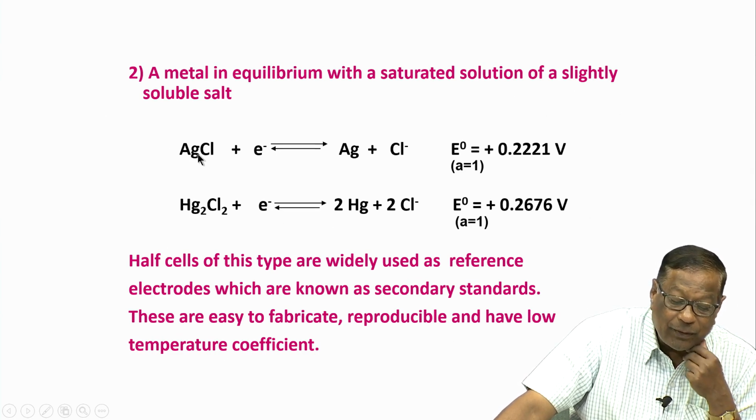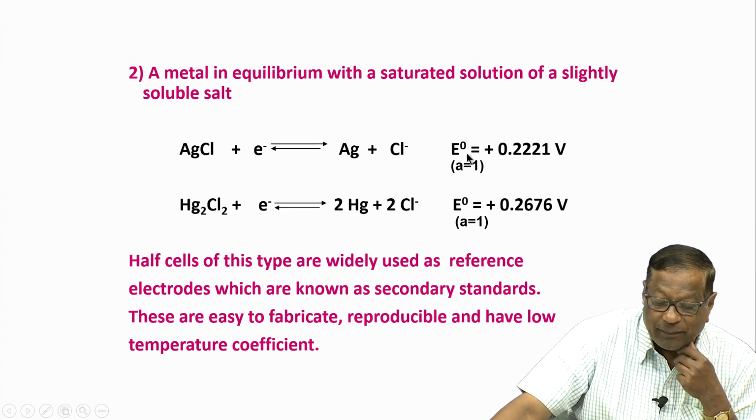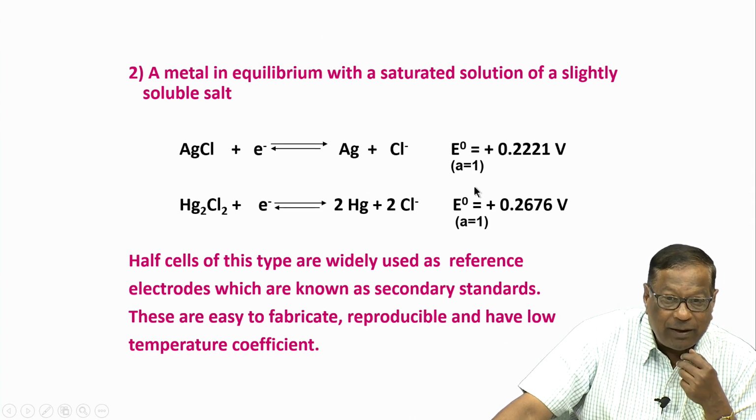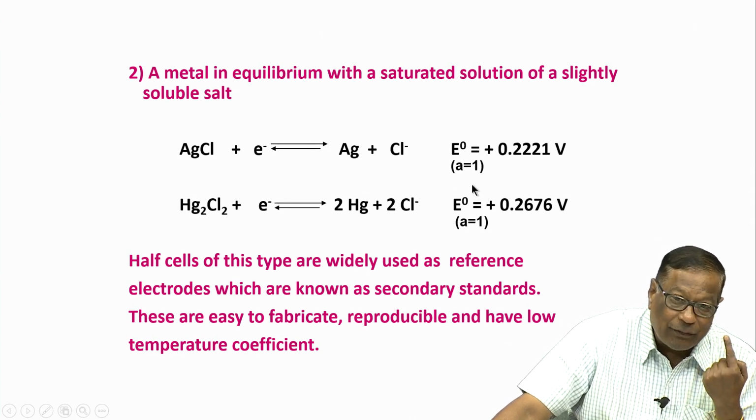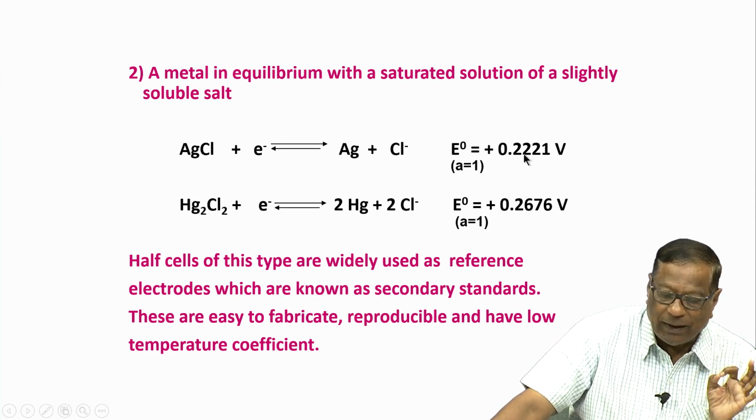So, this silver will react with one electron to give you silver metal and chloride ion. The potential for this at activity equal to 1, that means very dilute concentrations, E naught is equal to 0.2221 volts.